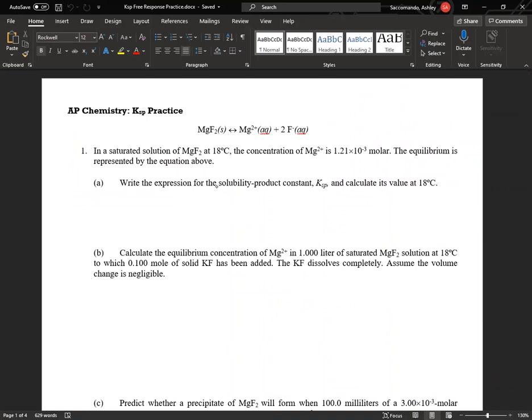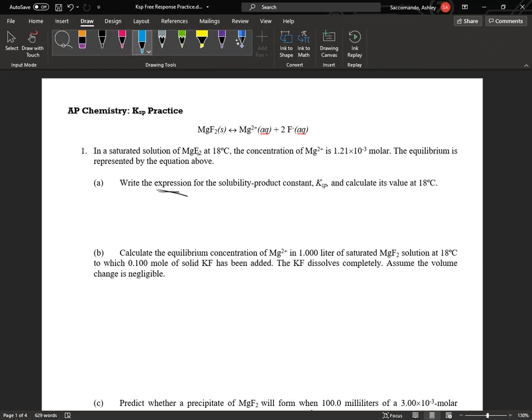Writing out the expression, that's always a given. What you want to do here is never include solids or liquids in any of your expressions. Ksp is only going to have the two products, which are the ions, because they're aqueous and they have a concentration. So the concentration of the magnesium ion and then the fluoride ion squared.